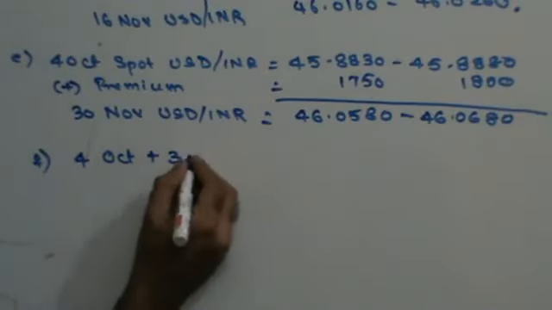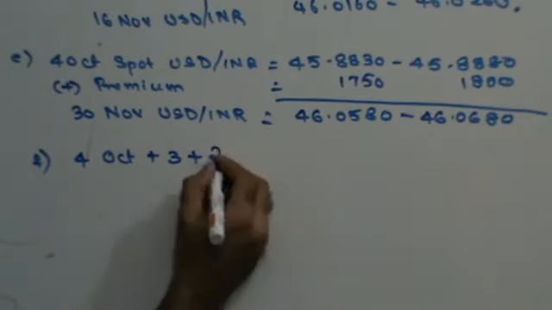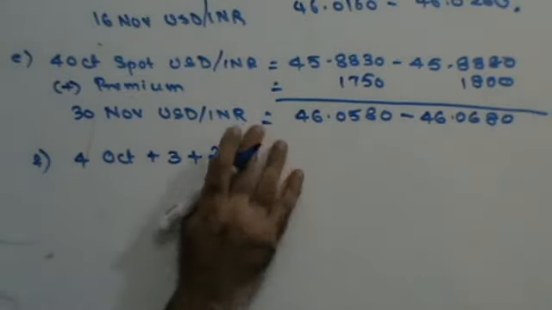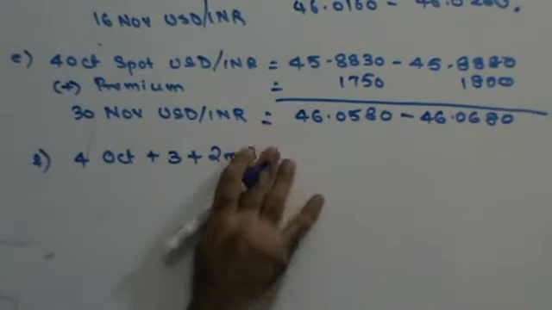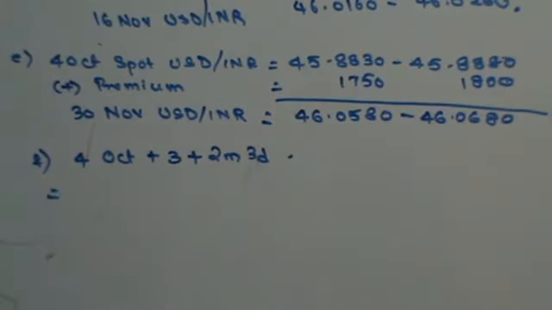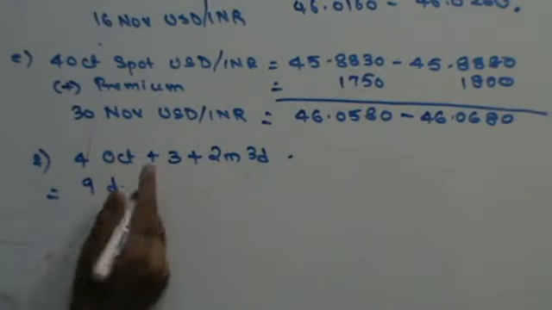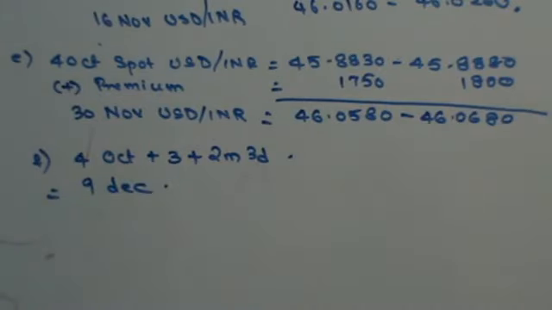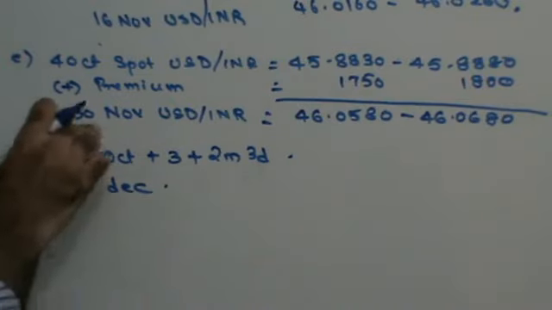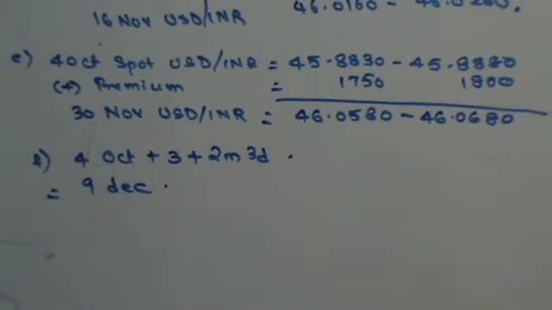First of all, I will add 3 days of grace plus 2 months 3 days: 7th October, 7th November, 7th December, 10th December, but October had 31 days, therefore this is going to be 9th December. Do we get this? I already know the rate on 30th November. I want the rate on 9th December. I want to know the proportional forward margin for 9 days more.